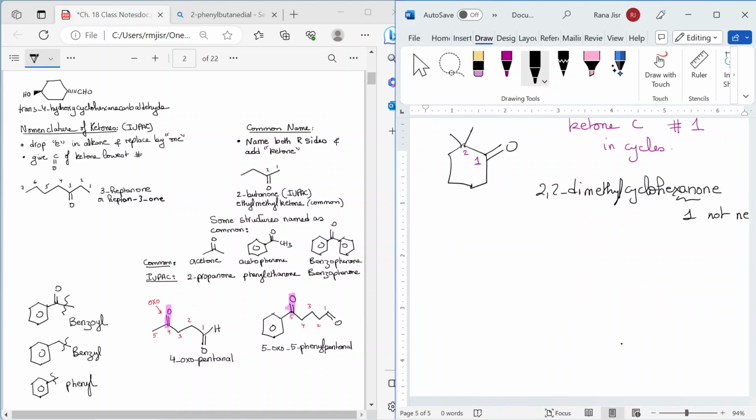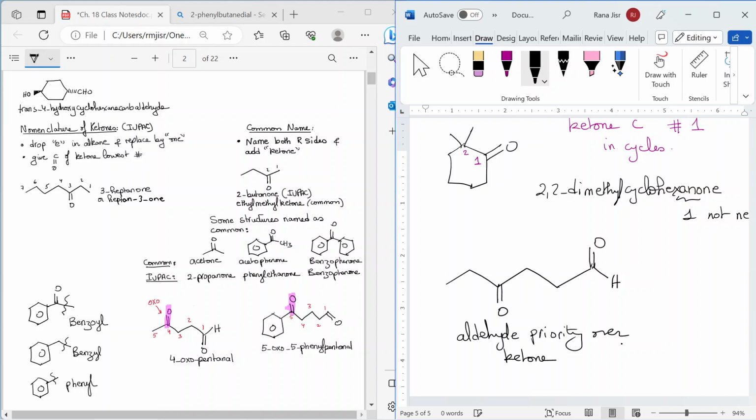Now let's say, for example, we have both aldehydes and ketones in the same molecule. So let's say we have an aldehyde here and a ketone in there. The rule says that aldehydes always have priority. So aldehydes have priority over ketones.